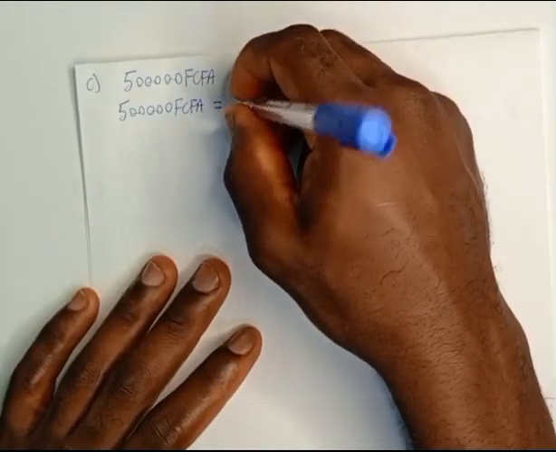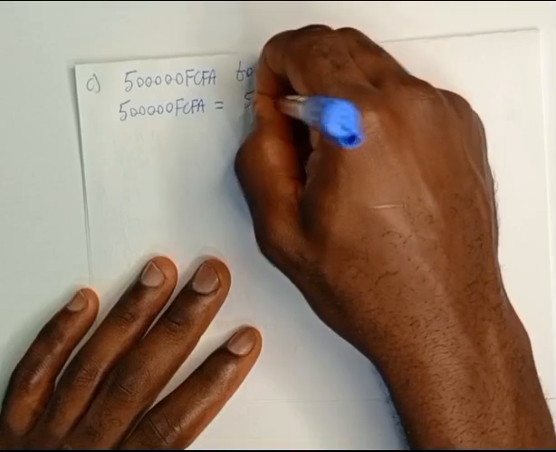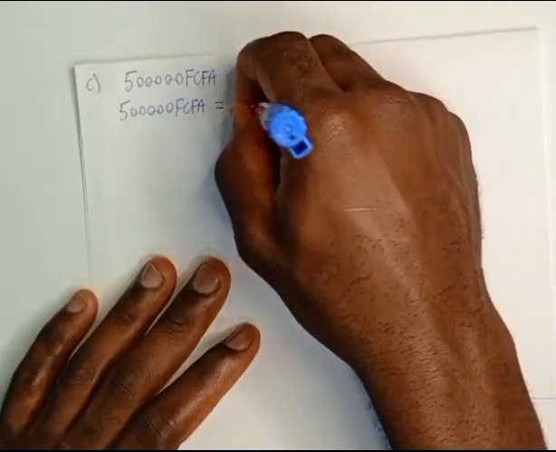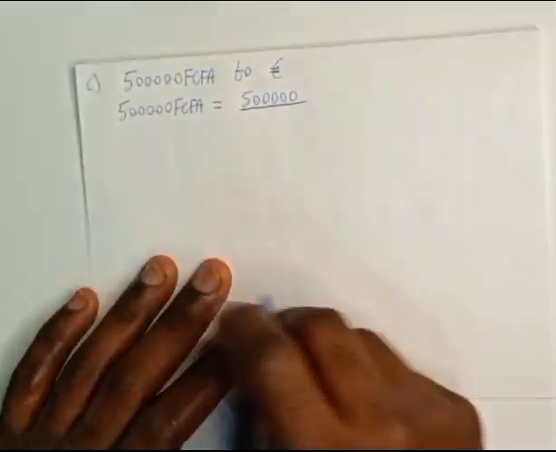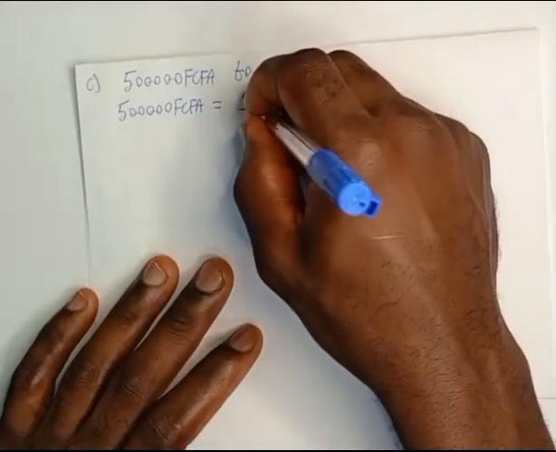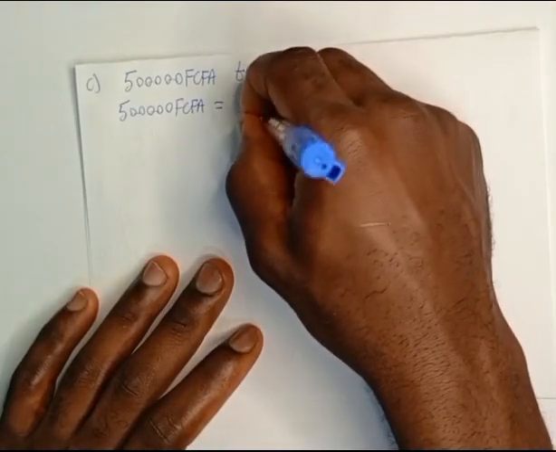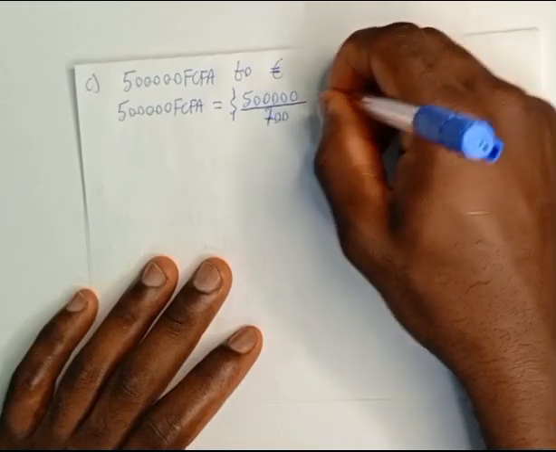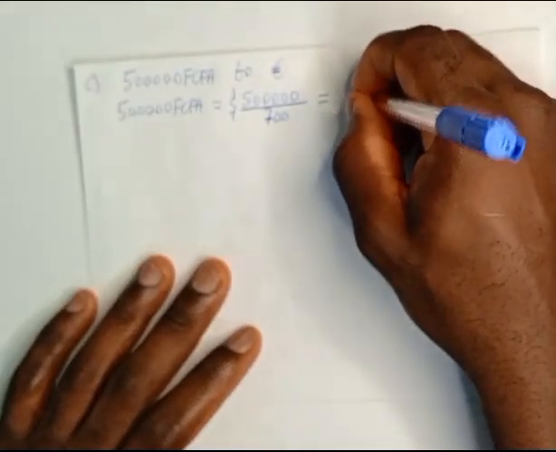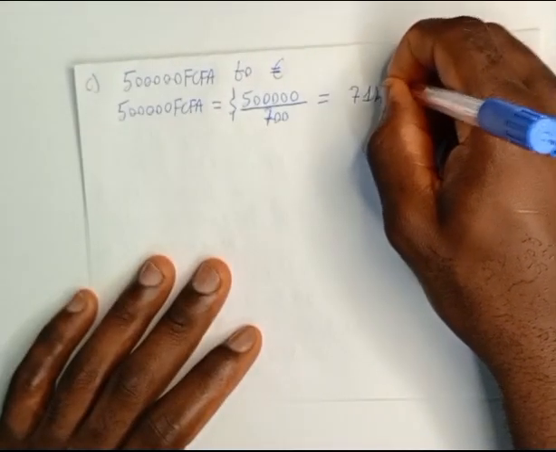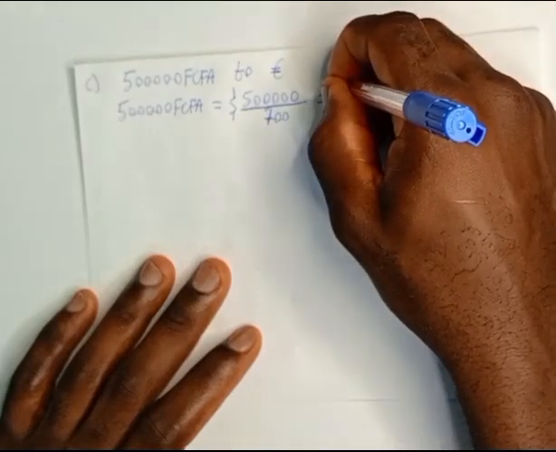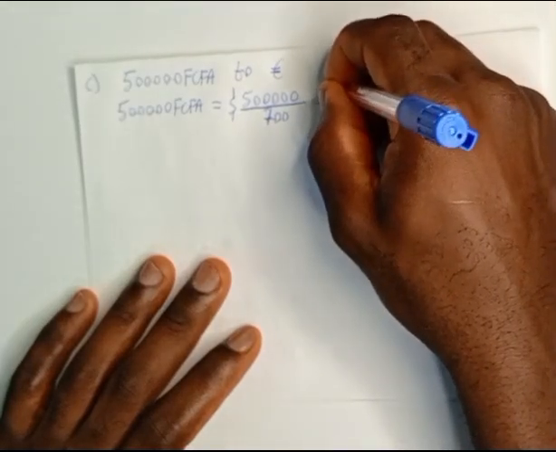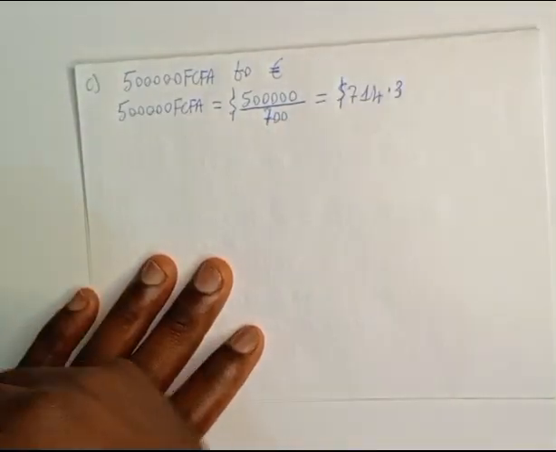And this will simply be equal to, we are going to divide 500,000 by the exchange rate from dollars to francs CFA, which is 700. The currency here is dollars, and this will give us 714.3 dollars to one decimal place.